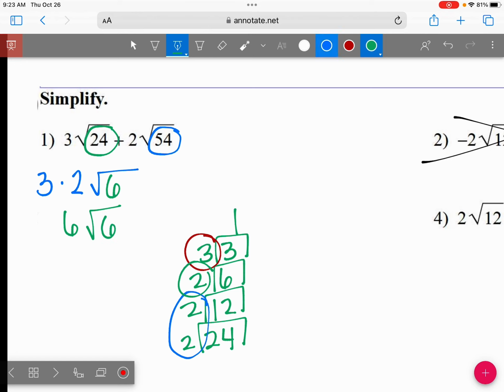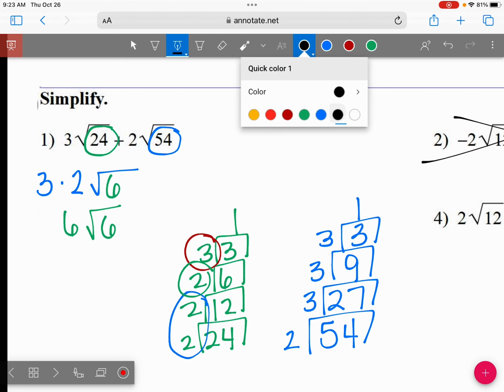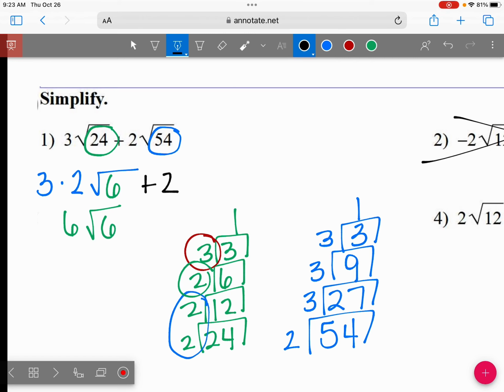All right, now let's build our cake with 54. So we divide that by 2, that gives us 27. Divide that by 3, by 3, by 3. So we already have a 2, but I'm adding to that a pair of 3. So that's 2 times 3.